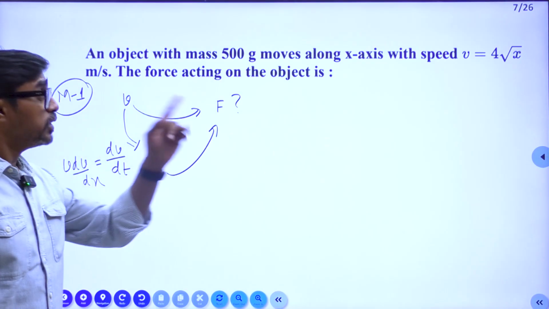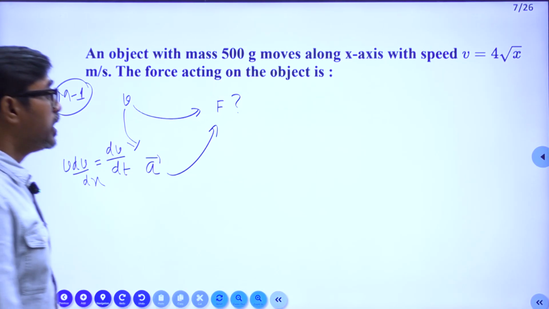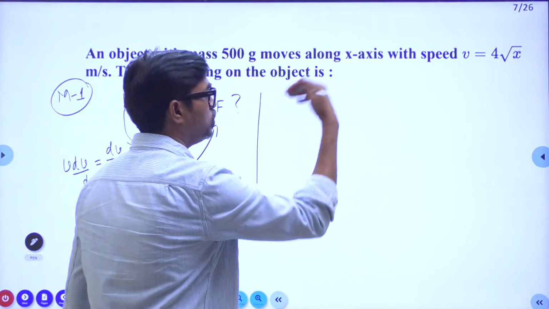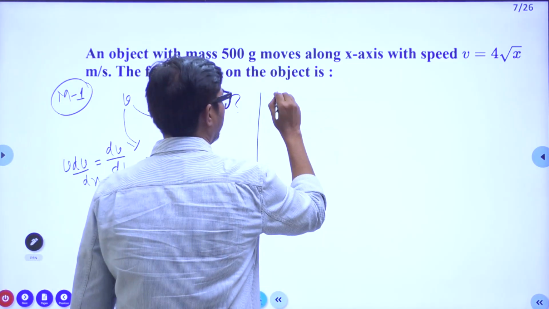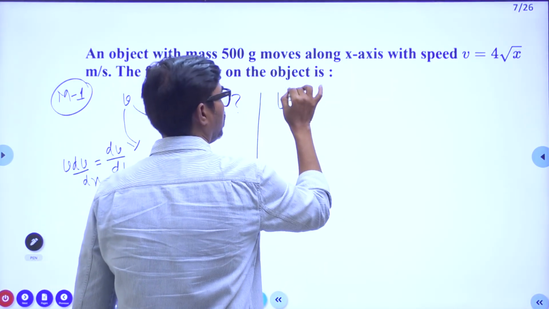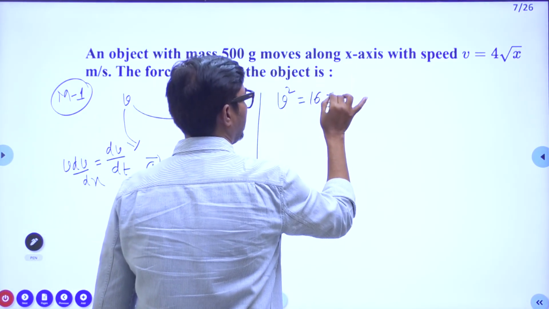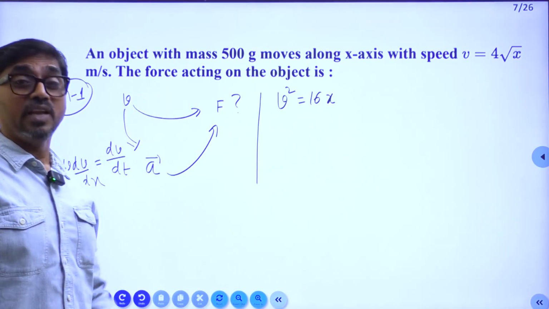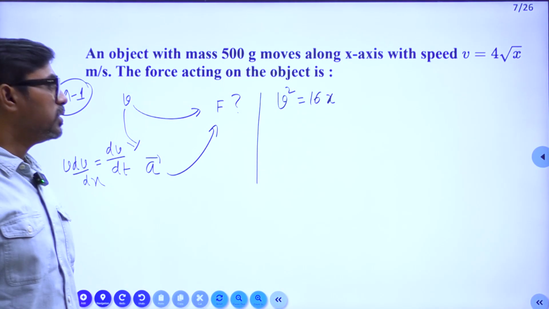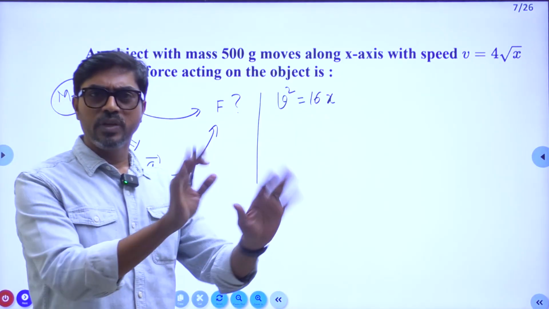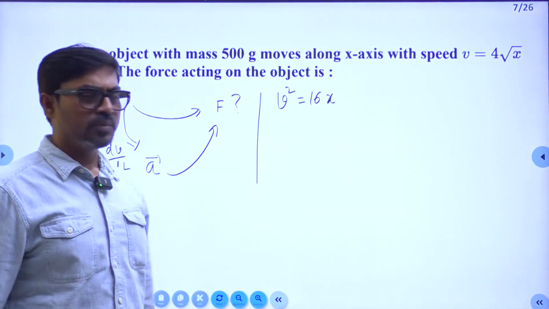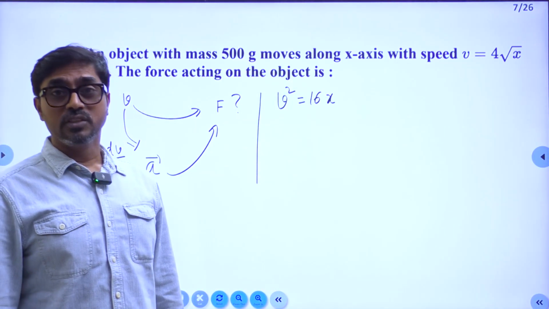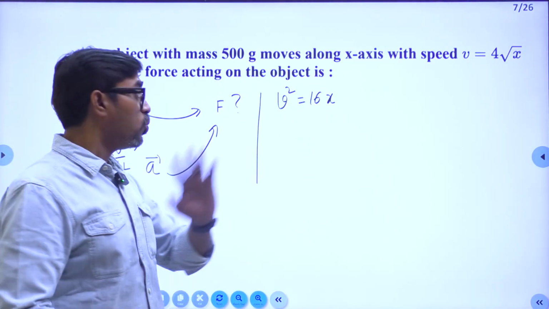There is another method for this particular problem, just for comparison purposes. First you just square it. What do I get? V square equal to 16x. Now you recall the kinematic equations that you have seen. V equal to u plus at, but that is in terms of time. S equal to ut plus half at square. Again t is there. I don't want t.